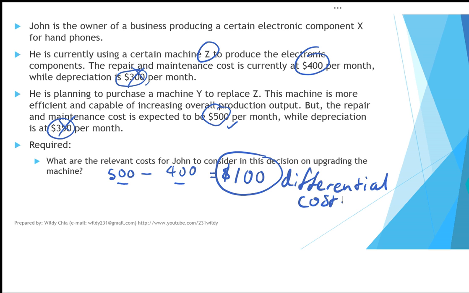Differential cost, or sometimes we use the other term, incremental cost, right? So there is an incremental cost of 100. Would it be worthwhile for John to upgrade the machine? Well, then that depends on whether the incremental revenue can cover these incremental costs, right?